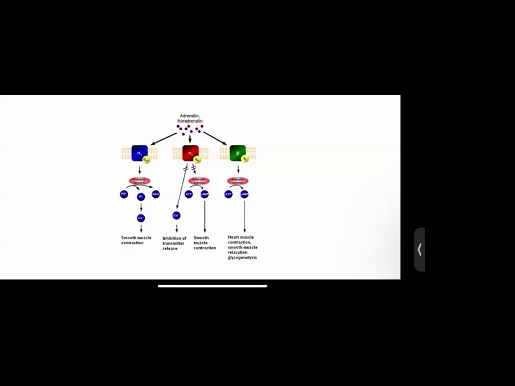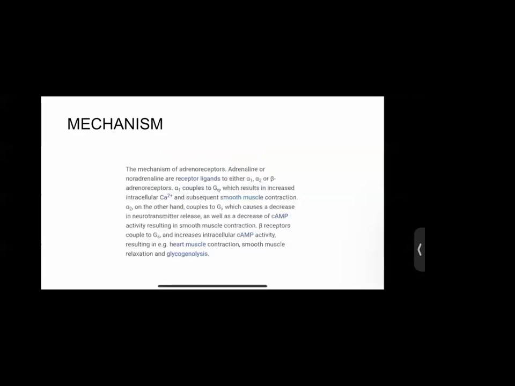And this will result in increased intracellular calcium and subsequent smooth muscle contraction, while on the other hand, the alpha 2 will couple to the subtype I of the G protein. And this coupling causes a decrease in the neurotransmitter release, as well as a decrease in the cAMP activity that will result in smooth muscle contraction.